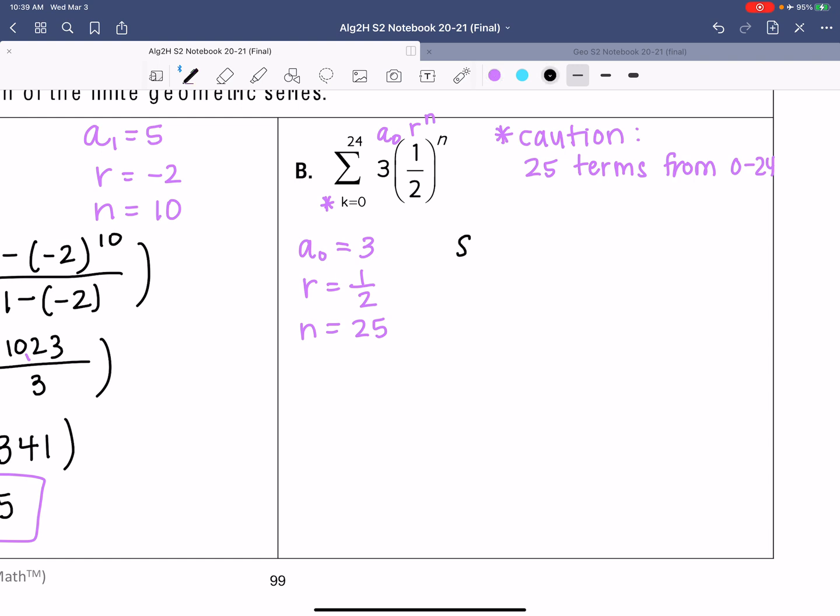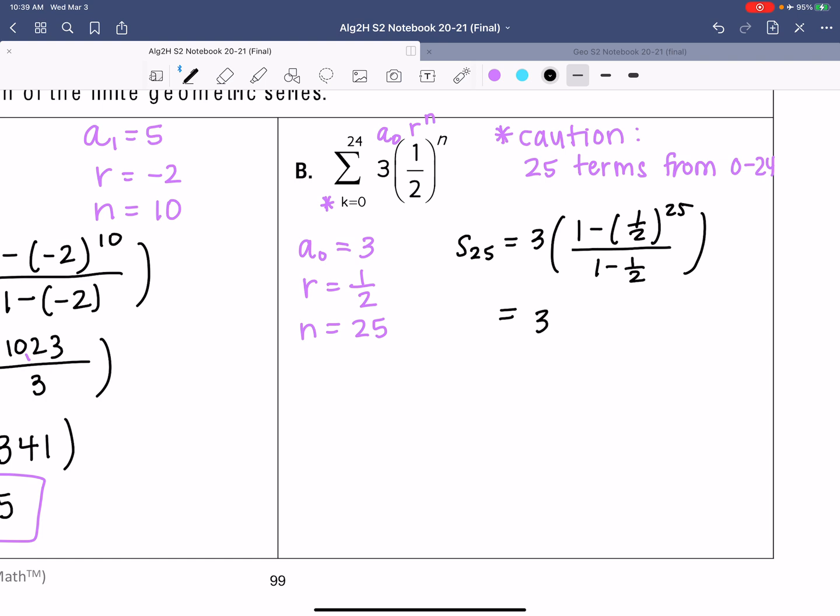So we get S of 25 equals A0, which is 3, times 1 minus my R, so 1 minus 1/2 to the 25th power, divided by 1 minus 1/2. Okay, that top one, we're going to end up getting approximations here.